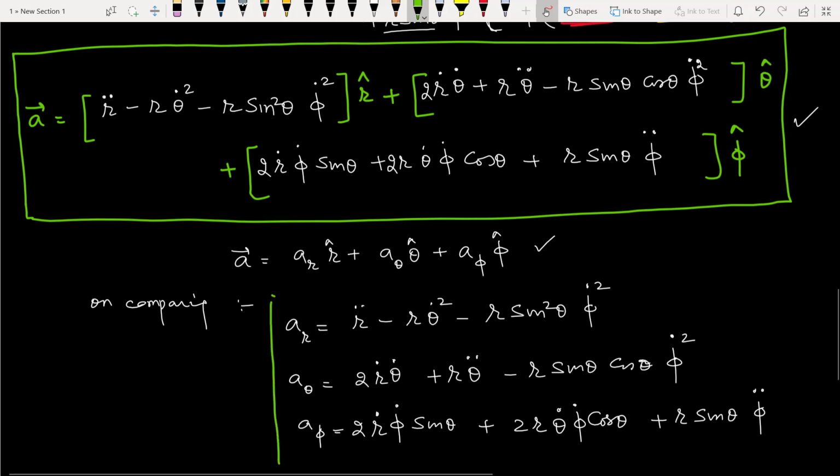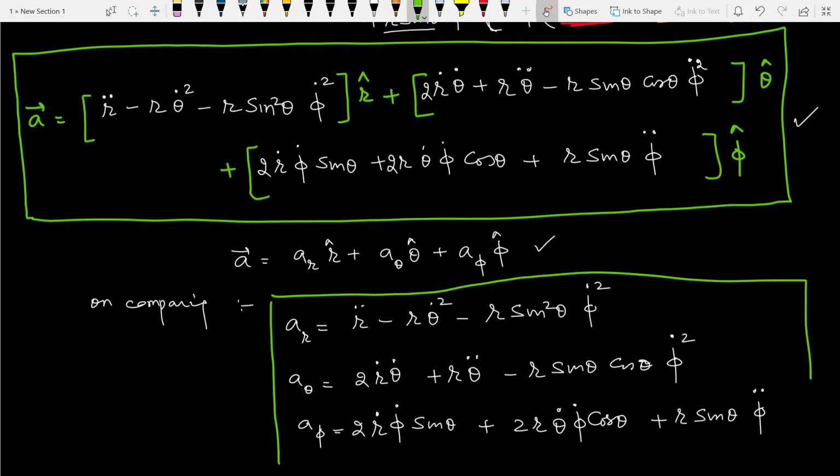So these are the expressions for the components of acceleration along r cap, theta cap and phi cap unit vectors.